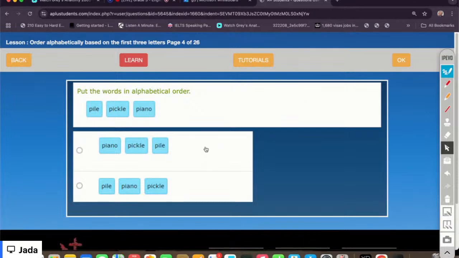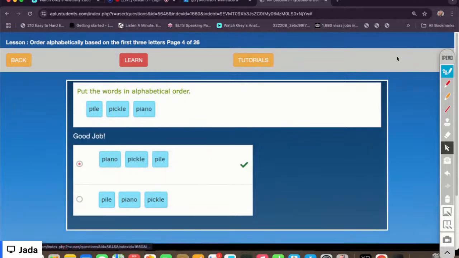So we have option one. Piano has A, so P-I-A. So of course it comes before pickle, which is C, and pal, which is L.